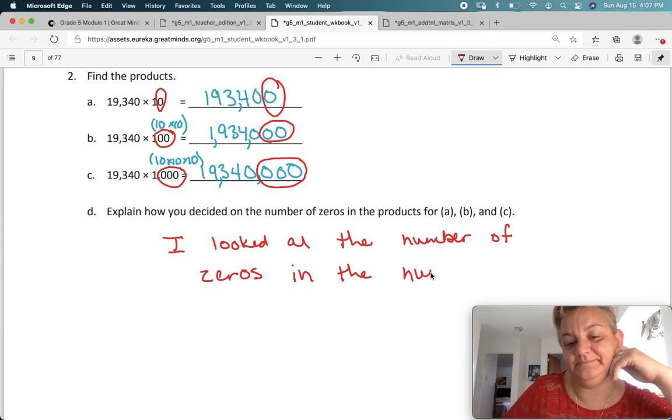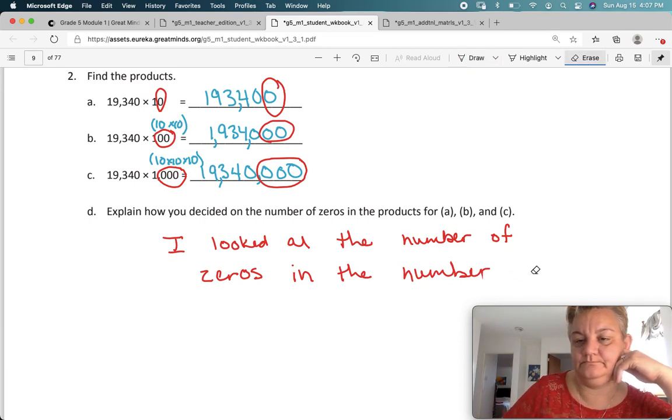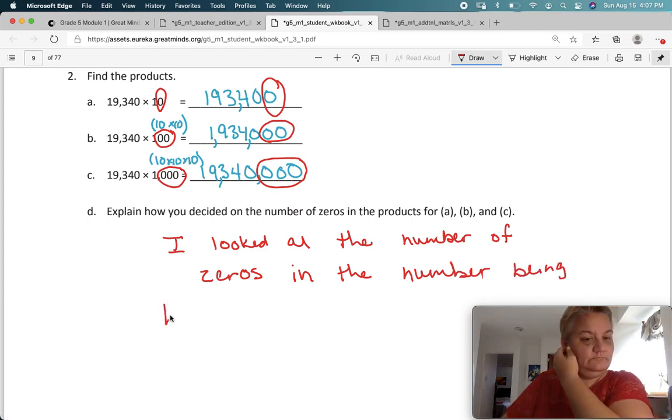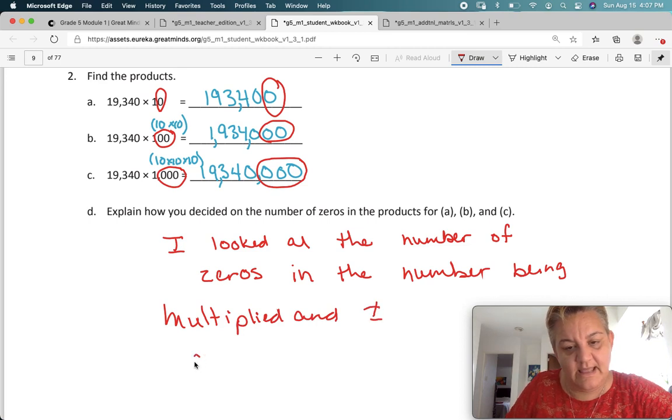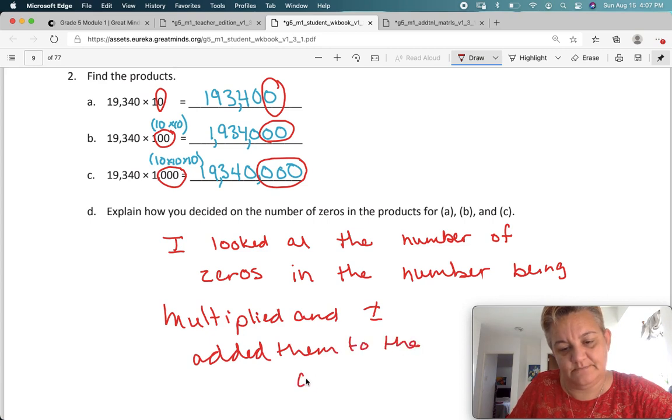In the number being multiplied. And I added them to the answer. Okay.